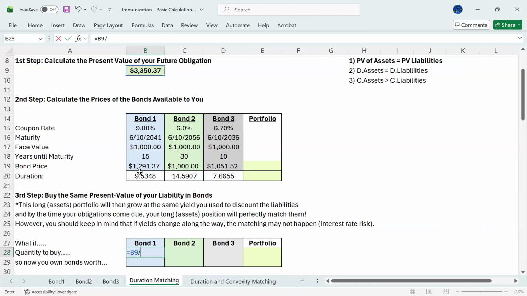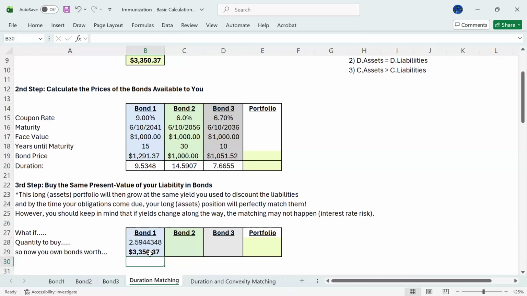I go to the market and I buy 2.59 bonds. And that way, my portfolio of assets, 2.5944 bonds times the price of each bond, now I would have the same amount in bond one as the present value of the liability.